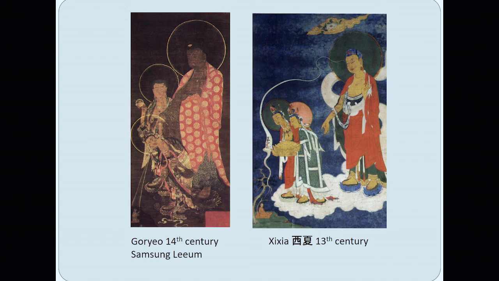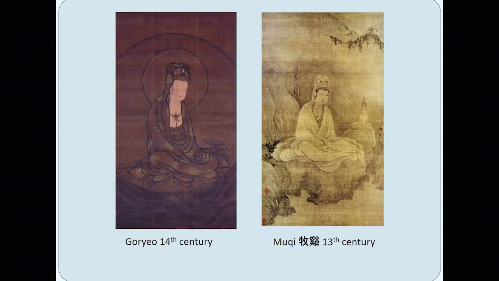A good example is the painting of the Bodhisattva Avalokiteshvara, seen here, compared with a Chinese example on the right by the artist Mu Qi, 13th century. Complicating things even further, the Chinese painting is actually in a Japanese Buddhist temple.